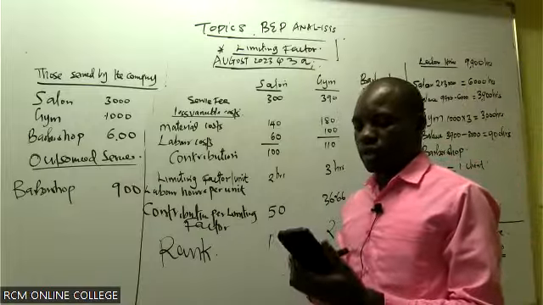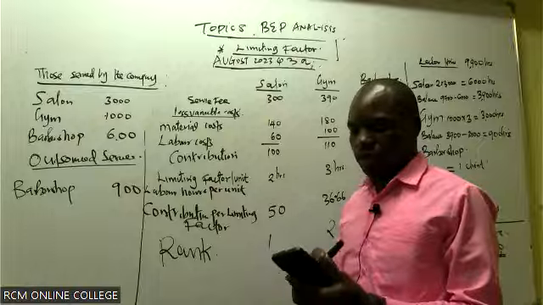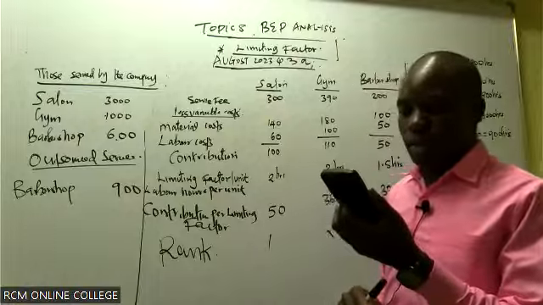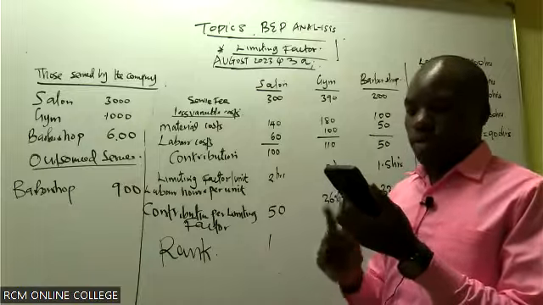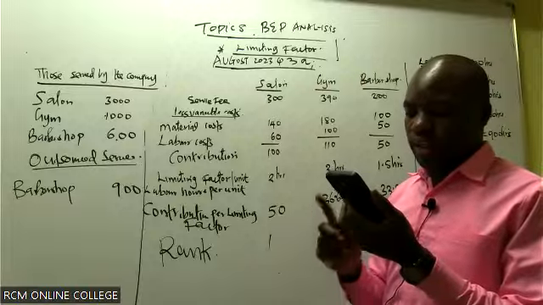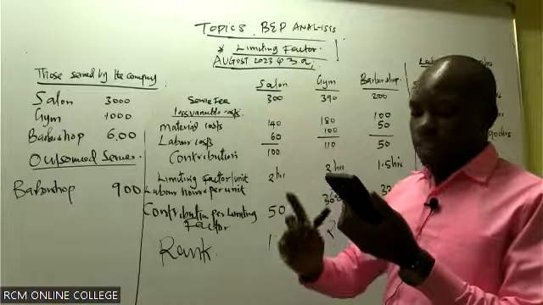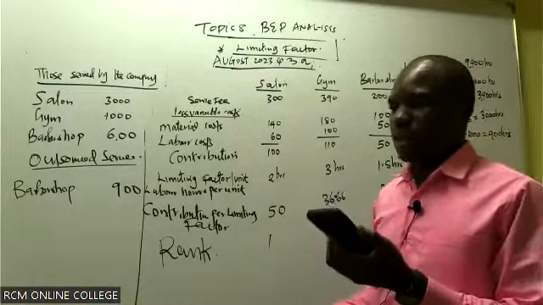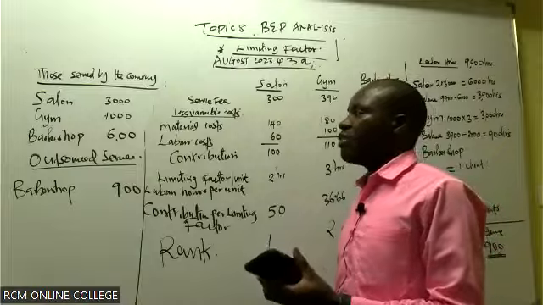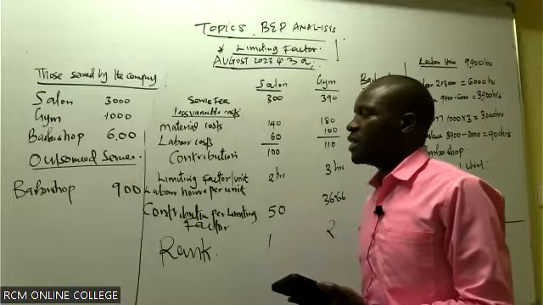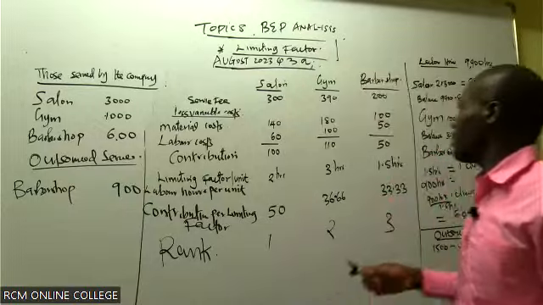So let's read the question and see what they want us to do. Roman 2, prepare the limiting factor mix schedule to show the number of clients per service that maximizes the profitability. The number of clients per service that maximizes profitability. We have finished with it here.